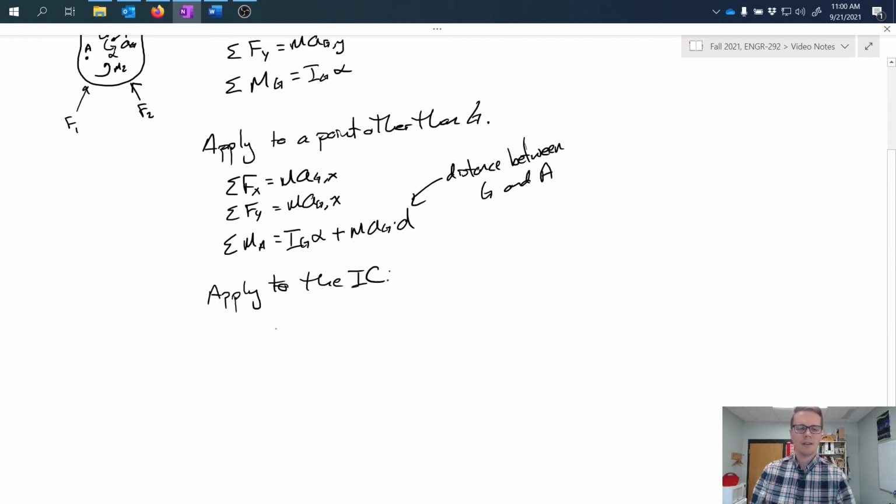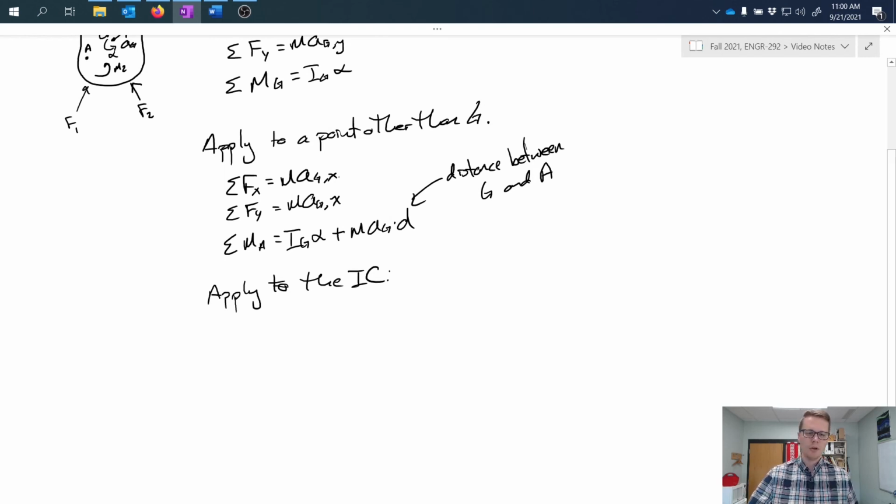If I apply this same principle to that instantaneous center, the nice thing is, remember that the instantaneous center represents the point around which the rigid body is in pure rotation, and therefore the instantaneous center is not translating at that instant in time.